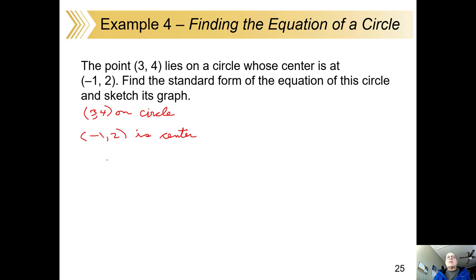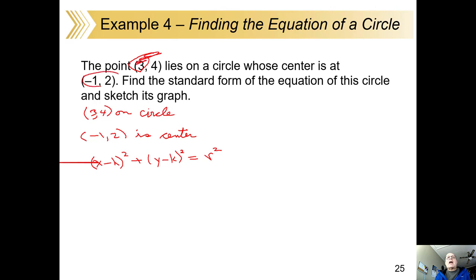Well, first of all, here's the general form, because notice it doesn't have its center at the origin, so it'll look like that.